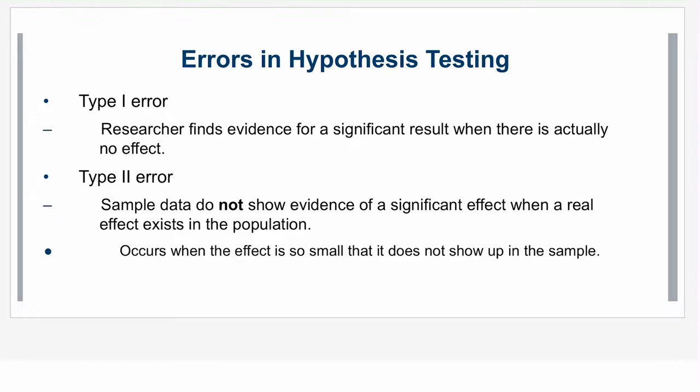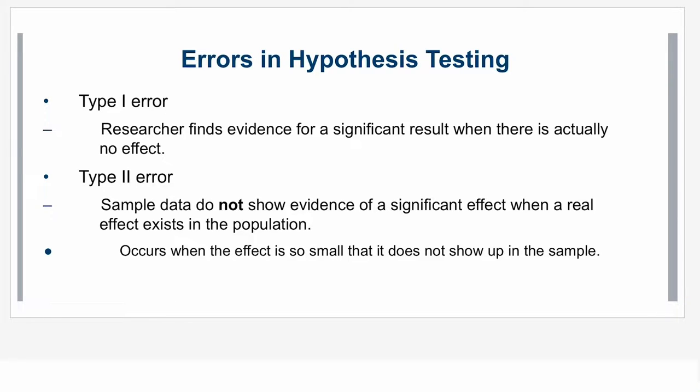A type 1 error is when the researcher says, I found evidence for a significant result, but there actually wasn't. So your sample was unusual or extreme, and it made it look like there was an effect happening or a relationship there when there was not in the population. It's not like the population.